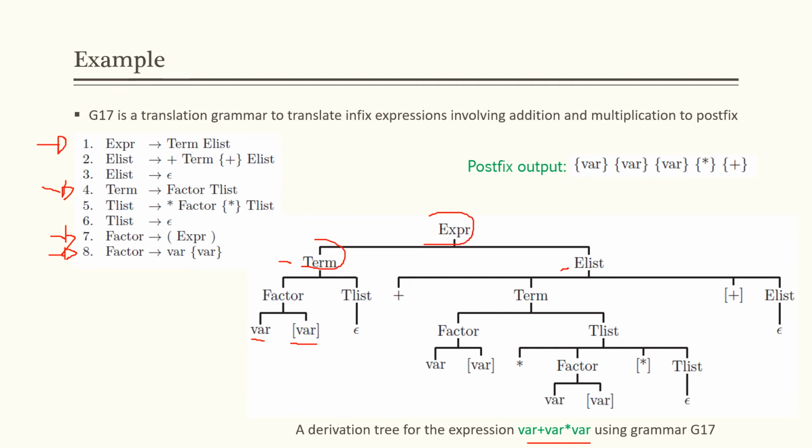The next process is to derive the one in e-list. Okay, under the e-list, we have here the plus term on the second rule. We use the second rule because of the language that we want to derive, the expression that we want to derive is var plus var first.